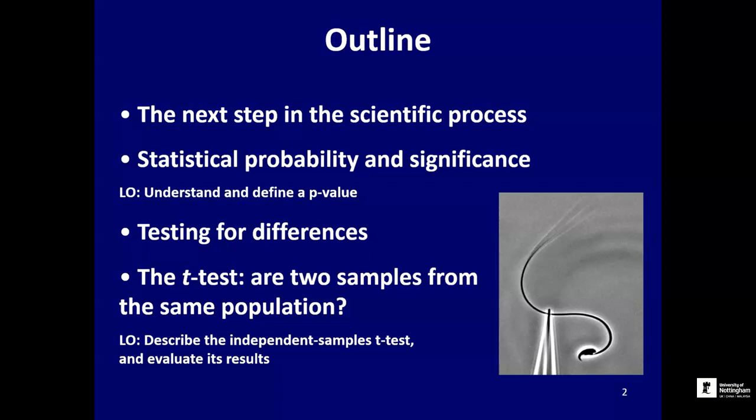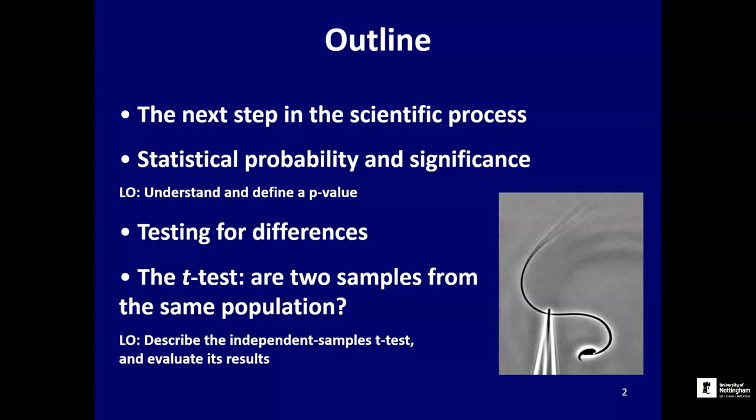Okay, so the outline for today's lecture, which again is going to be in three parts, is first of all to look at the scientific process, the scientific method that we described in the first lecture, and focus in on the next step in that process, having talked about setting up a good hypothesis, and then talked about how we set up a good study design to collect the data.